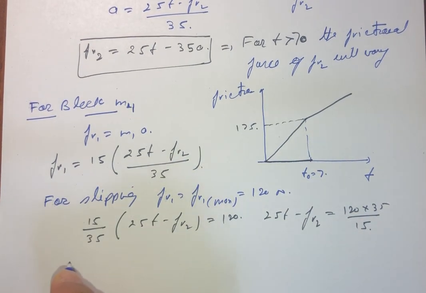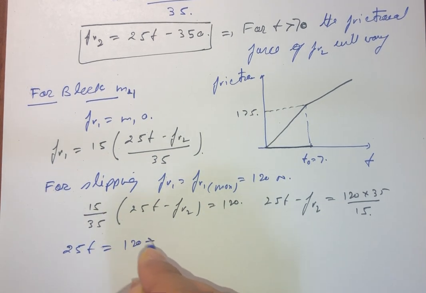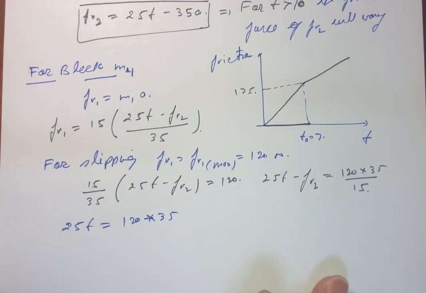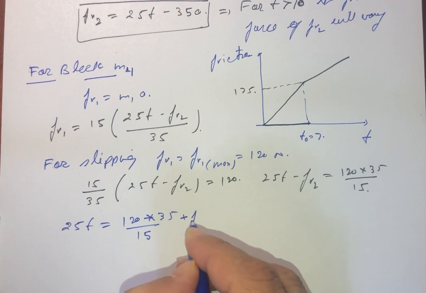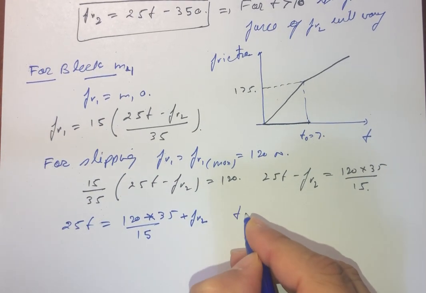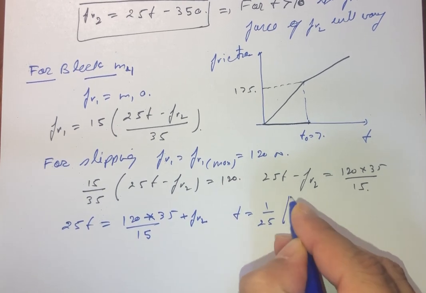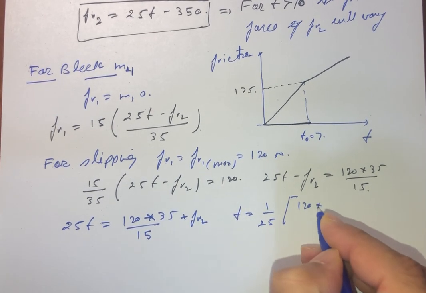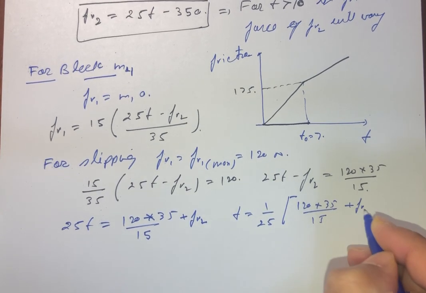So 25t is equal to 120 into 35 divided by 15 plus FR2, or t is equal to 1 upon 25 times 120 into 35 divided by 15 plus FR2.